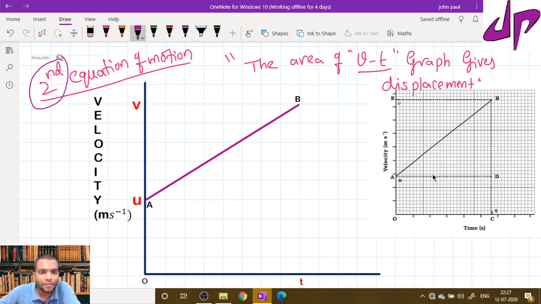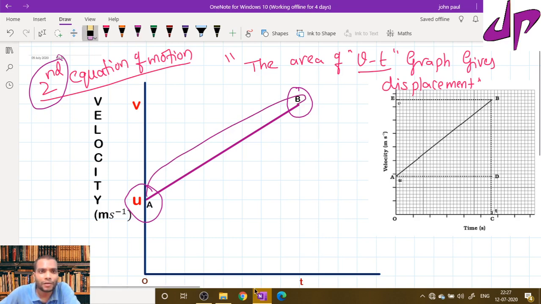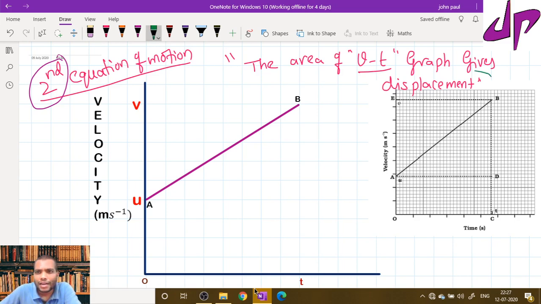Here I have a velocity time graph, and A to B is the moving object's position. If we can find the area under this line, we can easily derive that the area gives us displacement.